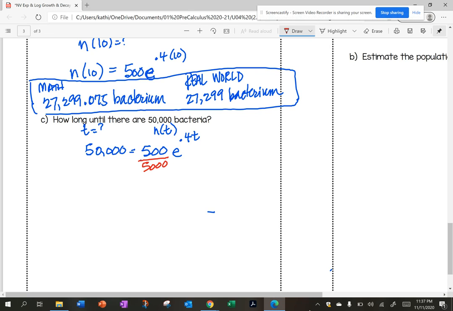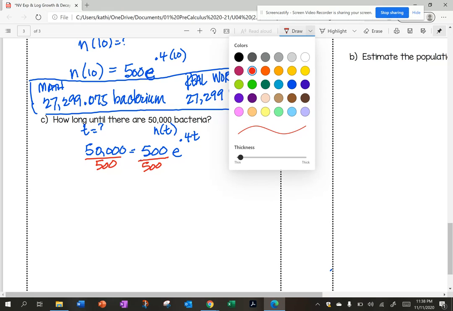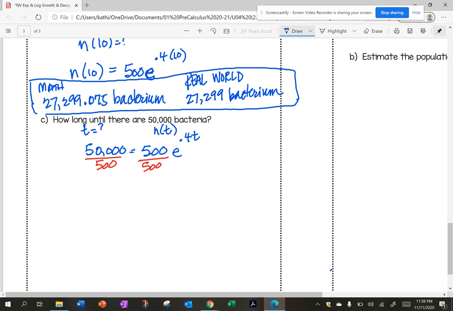Oops, I put 5,000. So I want to divide by 500 first. So I get 100 equals e to the 0.4 t.